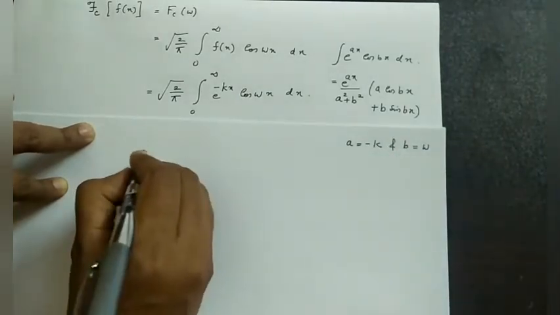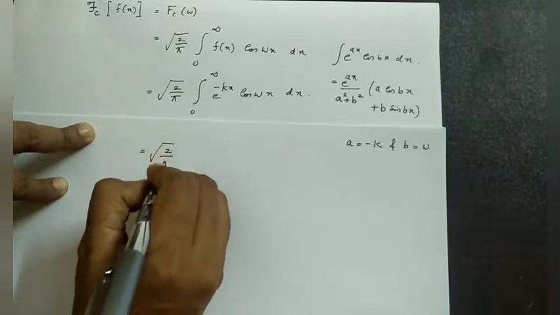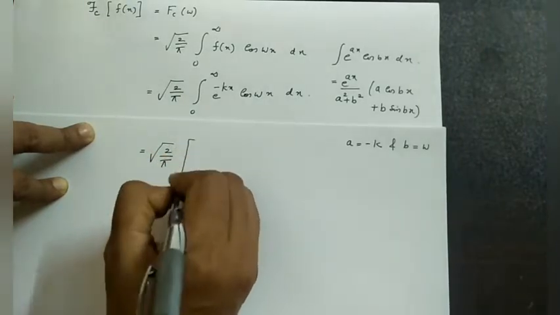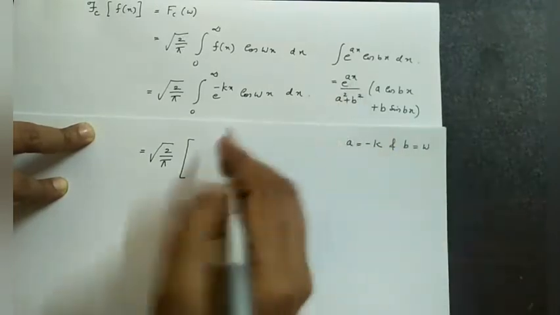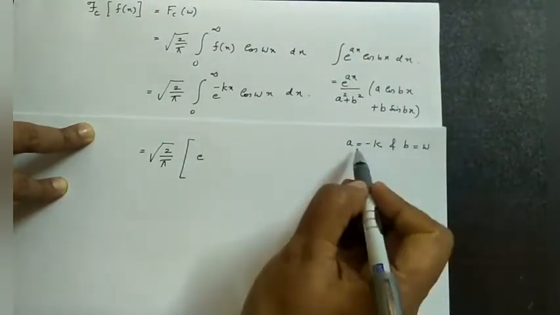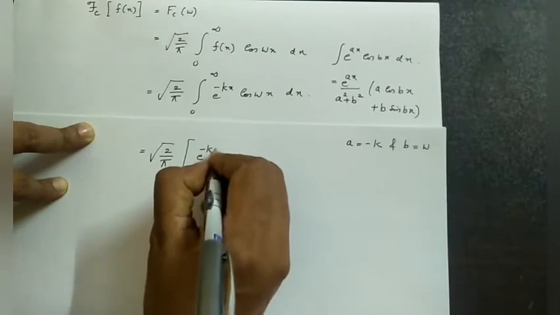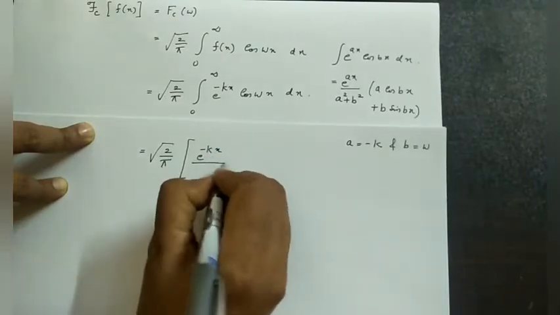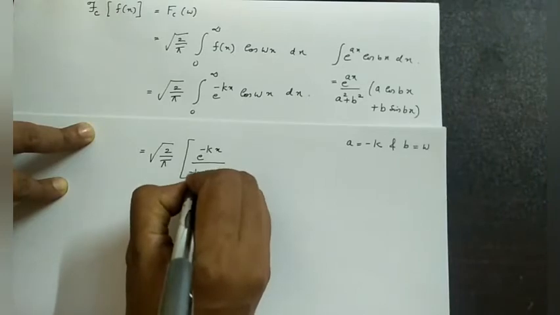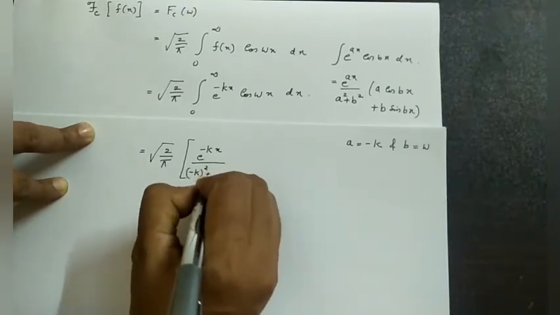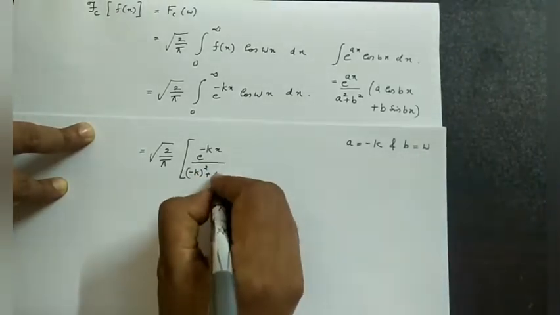Therefore, we will get root 2 by pi. After integrating, we get e raised to, in the place of a, minus k x, divided by a square plus b square, that is minus k the whole square plus omega square.